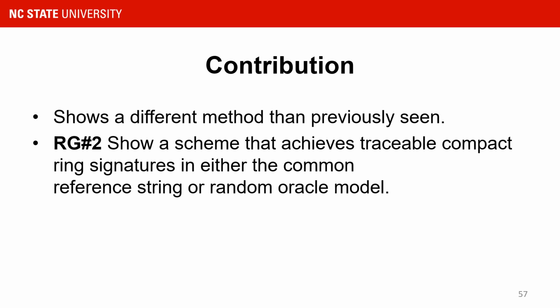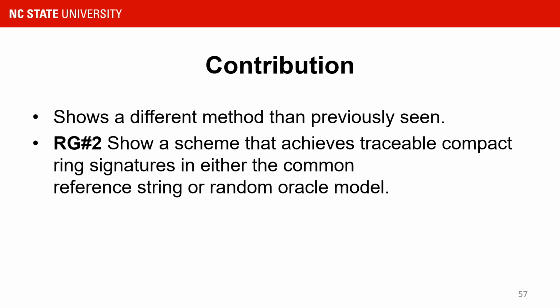I've shown a scheme that achieves a compact traceable ring signature in the common reference string and random oracle model. Although I have not gone into details about how I use a common reference string or random oracle model, it is there.